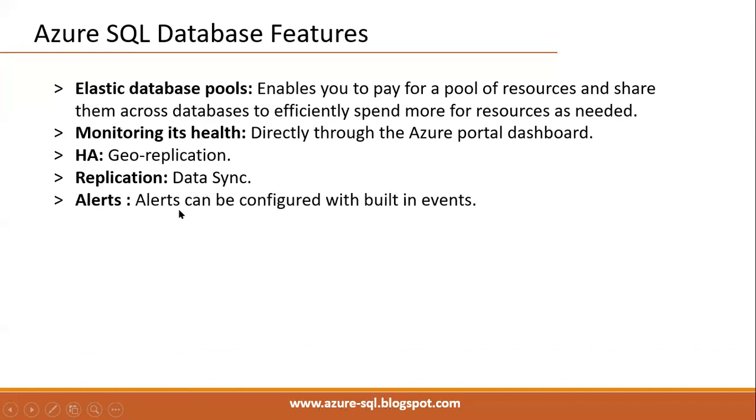Then built-in alerts are there. We just have to set the threshold value and the response, meaning to whom the email should be sent. For example, if the DTU usage is above 80%, I want to get an email notification.